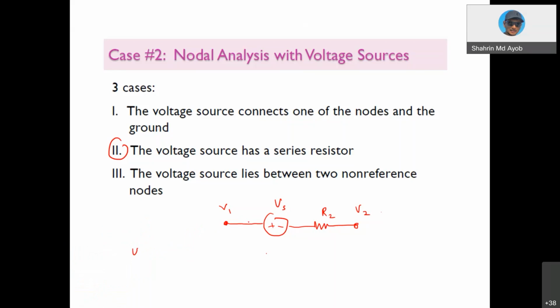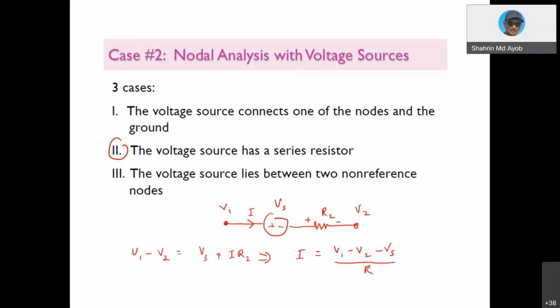Let's assume it flows from V1 to V2. So V1 minus V2 must equal Vs plus I R2. From here, you can write your current as V1 minus V2 minus Vs over R. This is how we write down the equation.